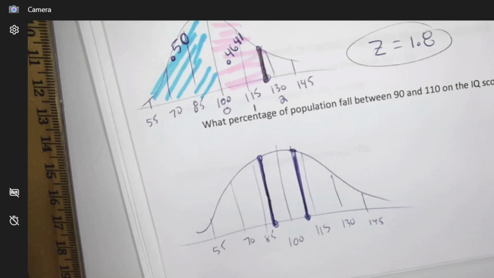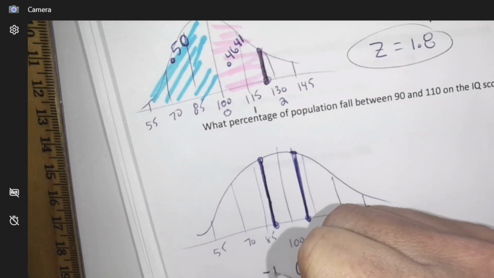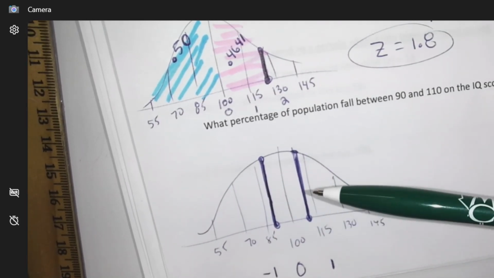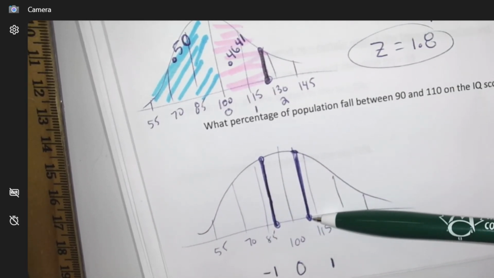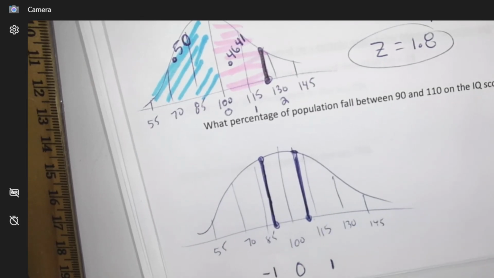So we're going to need some Z-score stuff. This has a Z-score of 0, this has a Z-score of 1, this is -1. So I'm kind of predicting this Z-score would be like a 0.7 or 0.8 or something, or 0.9. And then this one would be negative, right?